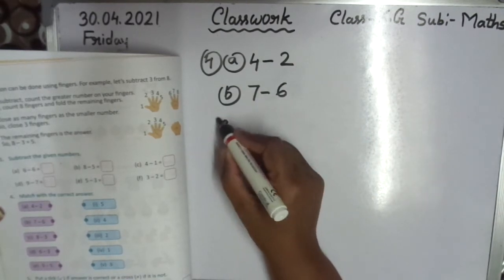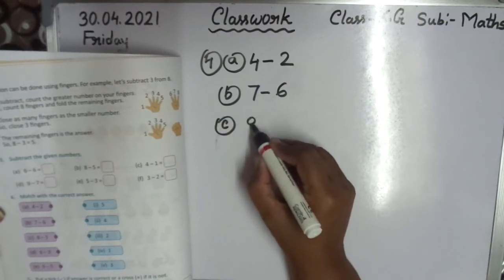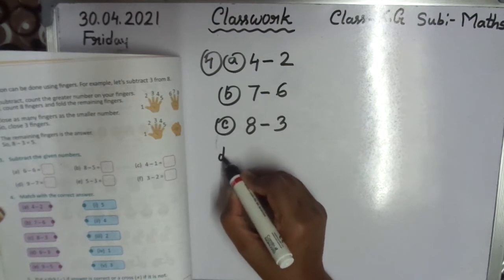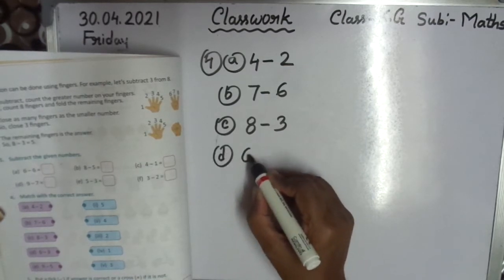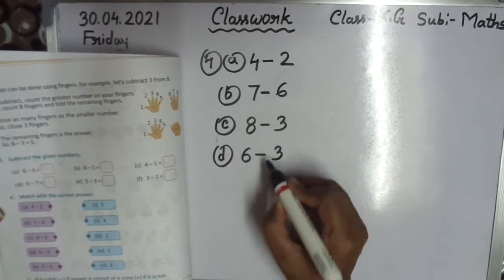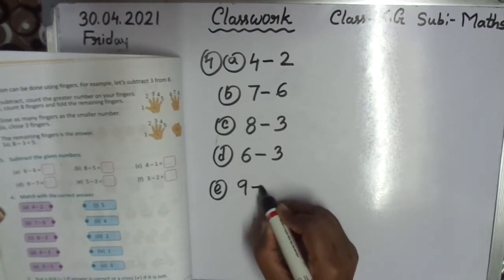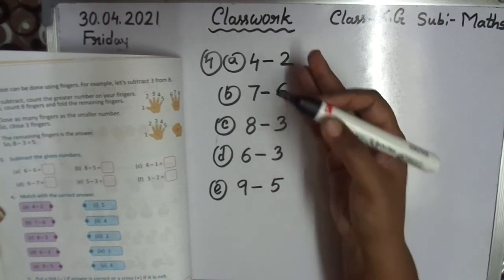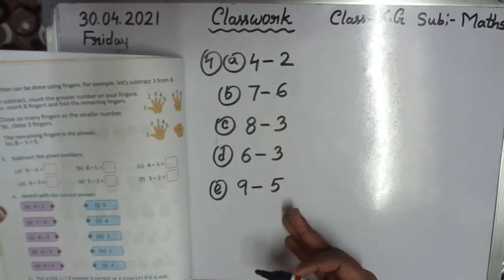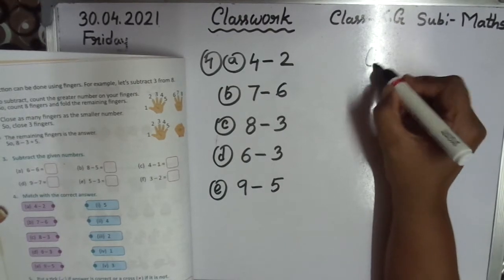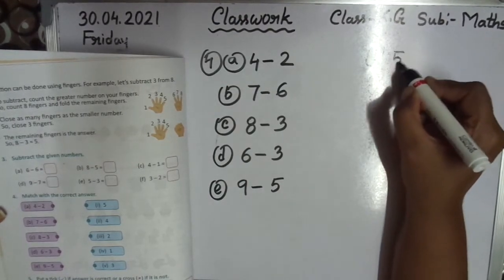C. 8 minus 3. D. 6 minus 3. E. 9 minus 5. This is your question. Left side your question. Okay. Right side your answer.